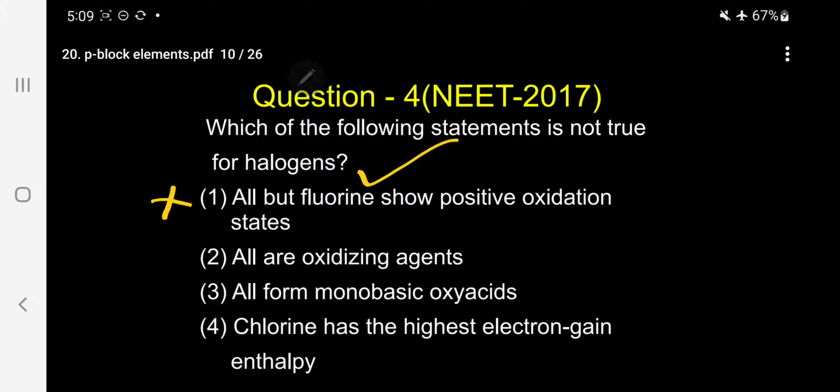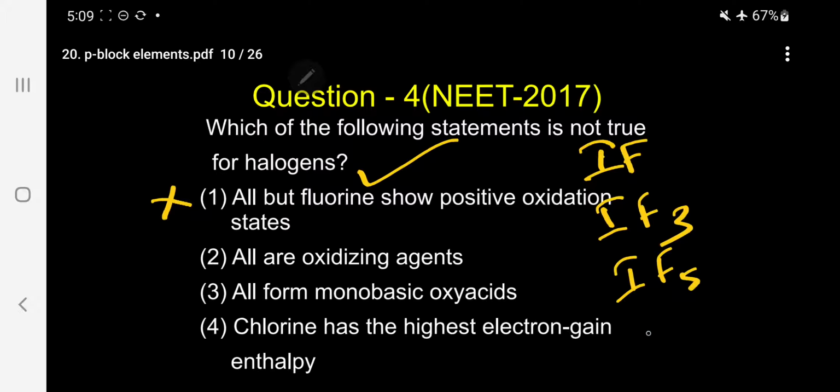Because all the other halogens will form interhalogen compounds. Simple examples: IF3, IF5, IF7. So these are all possibilities, because iodine is having a positive character, and fluorine is always negative. Please follow. Fluorine will not show positive oxidation state.